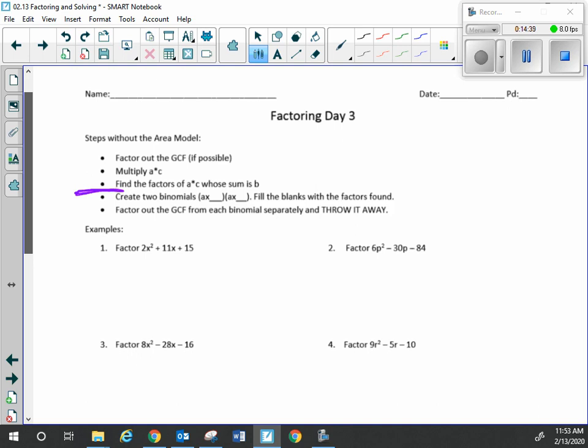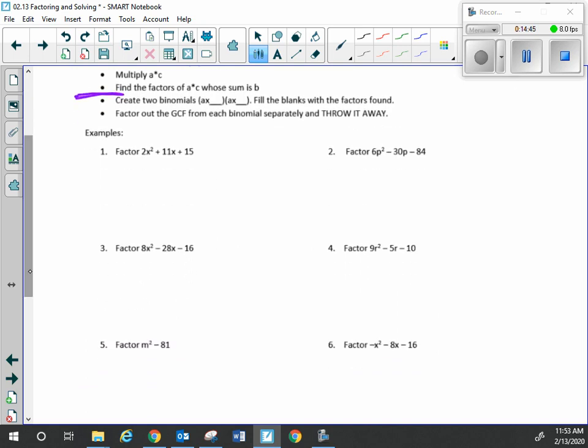You're just changing the point where you get to the area model. So, if we look at number 1, 2x squared plus 11x plus 15. No GCF. Okay, well, what's A times C? 30. I need factors of 30 that have a sum of 11.